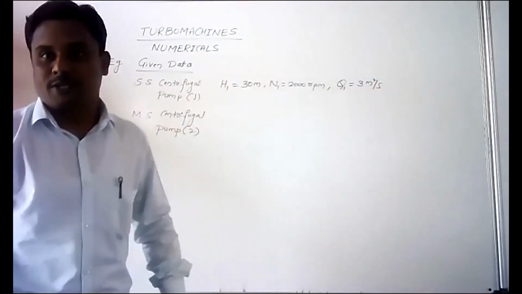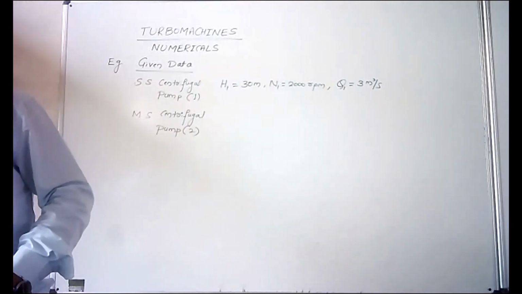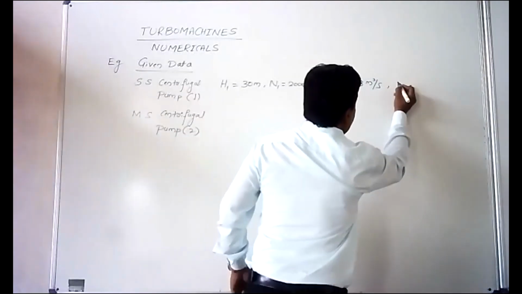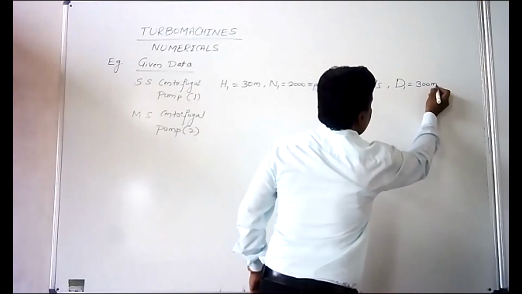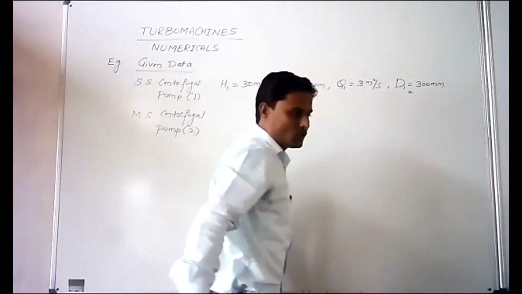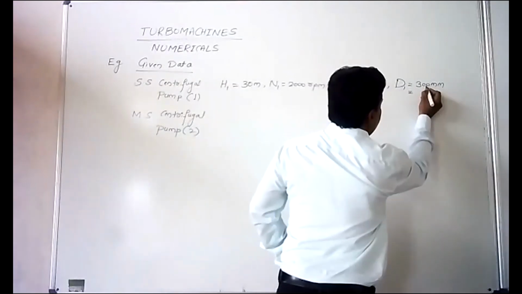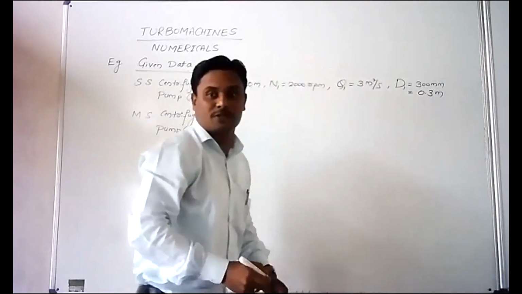Having an impeller diameter of 300 mm, it is advised to take linear dimensions in meters, so D1 is 0.3 meters.